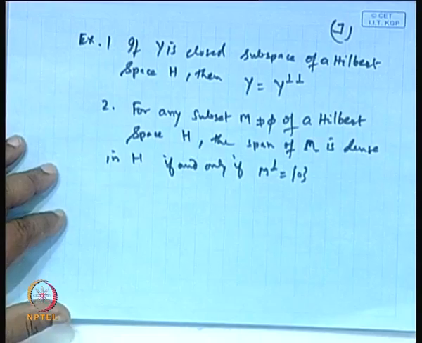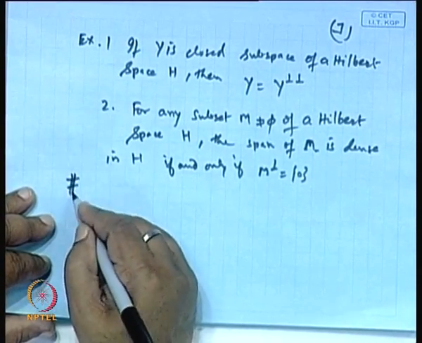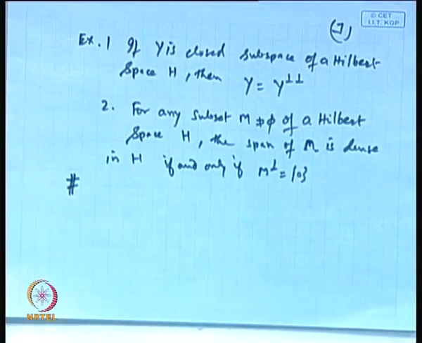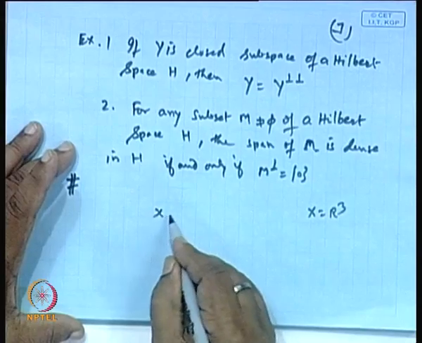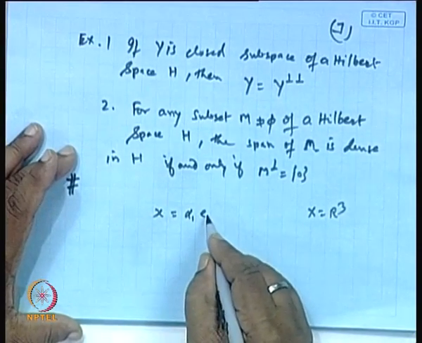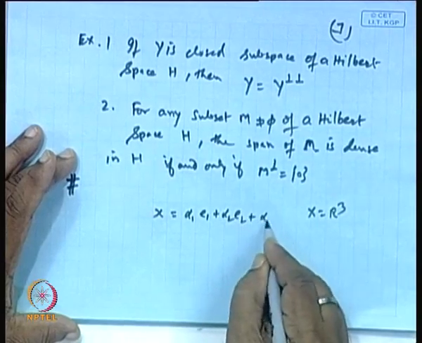Now, after this concept, as we have seen, orthogonal complements or orthogonality play a vital role and simplify many things, is it not? Even for linearly independent sequences, we have an advantage with orthonormal sequences. The reason is, suppose we have a vector space, say X equal to R 3. Then X can be expressed as alpha 1 E 1 plus alpha 2 E 2 plus alpha 3 E 3.